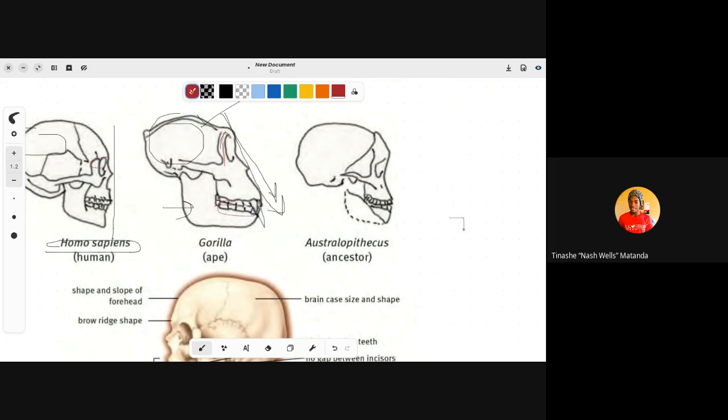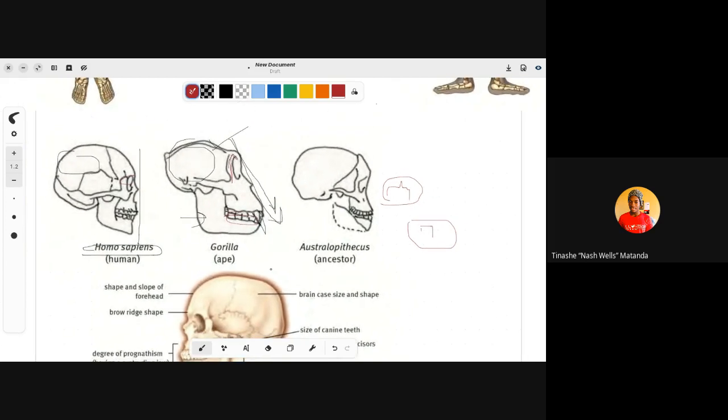But with Homo sapiens, these ones actually need to be sharp because we do not just eat meat alone. We eat vegetables and all those kinds because we have a more spread out diet compared to these guys. So that is also another difference between Homo sapiens and the primates.